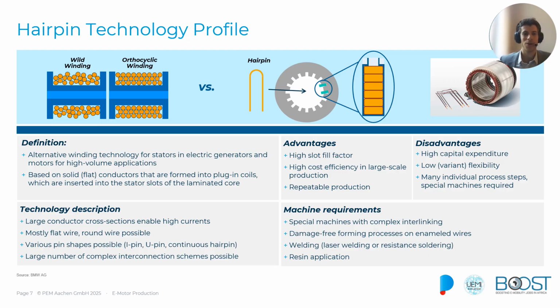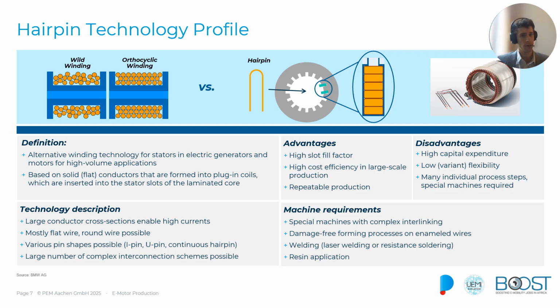Let's take a closer look on the hairpin technology profile. The flat or solid conductors are formed into pins that create a plug-in coil, which are then inserted into the stator slots. Advantages are, like I said, a higher slot fill factor, which results in higher current strength and a stronger magnetic field.